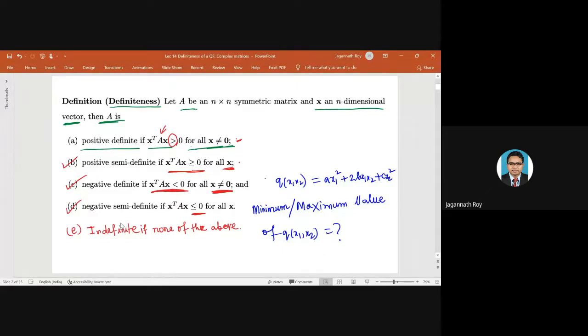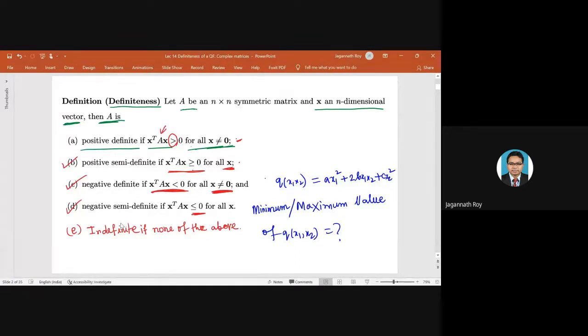This will be discussed when we study the concept of calculus. We will discuss them in the calculus portion again. So this is just for your information.